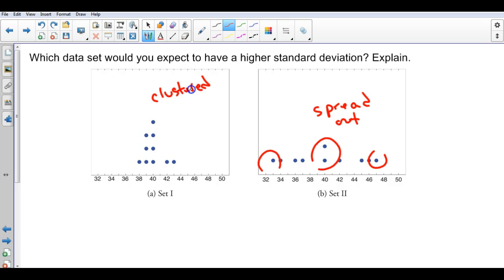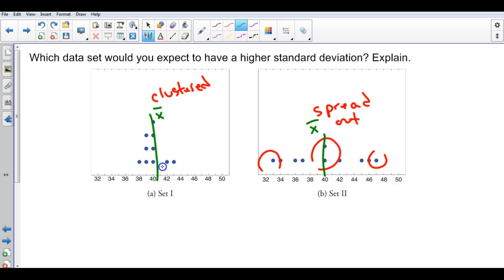So if your data is clustered, again, I want to associate standard deviation to where your mean is. I want you to imagine my mean is going to be right down the middle in both of these cases. So I'm going to label that as X bar for the mean, but I want you to look at how far these data points are away from my mean. So 38 is very close to my mean, 43 is very close to my mean, and everything in between there is even closer.